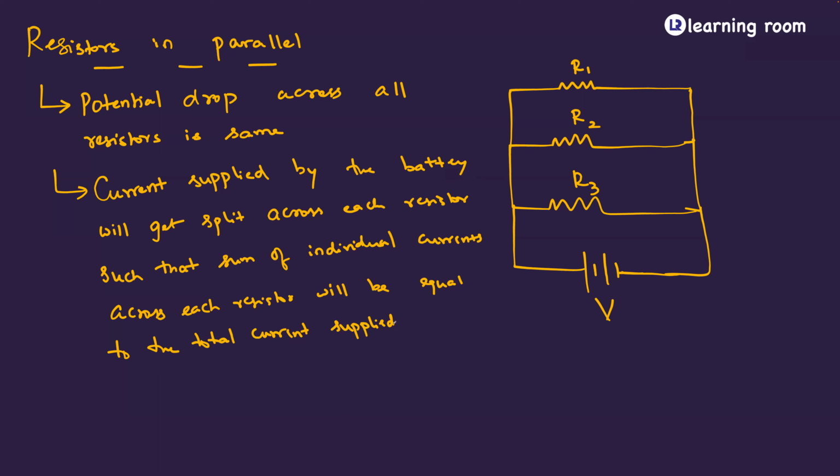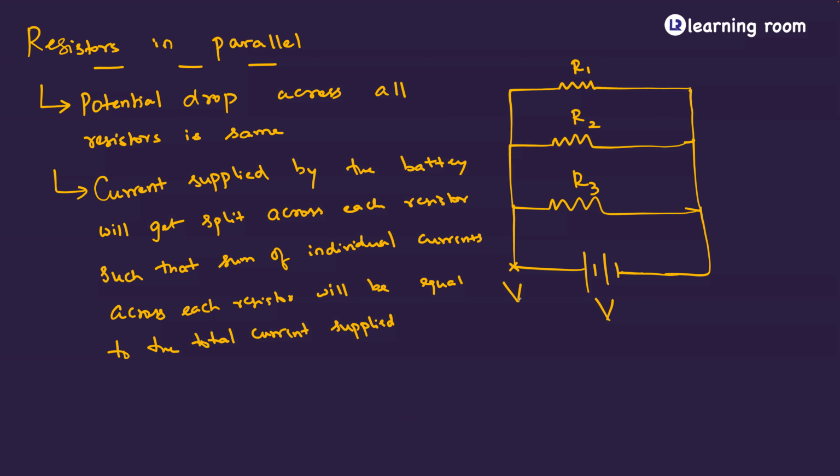So listen, if you look at this battery, it has a positive terminal and a negative terminal, right? Let's say the potential of this terminal is V. Listen to this carefully. The battery has a potential difference of V, that is, between the positive and the negative terminal.